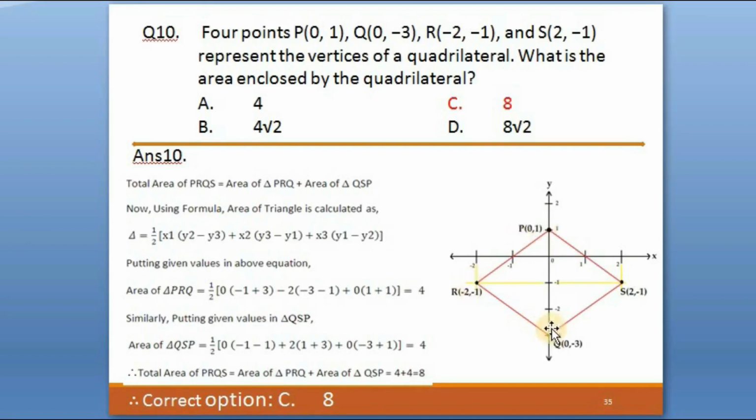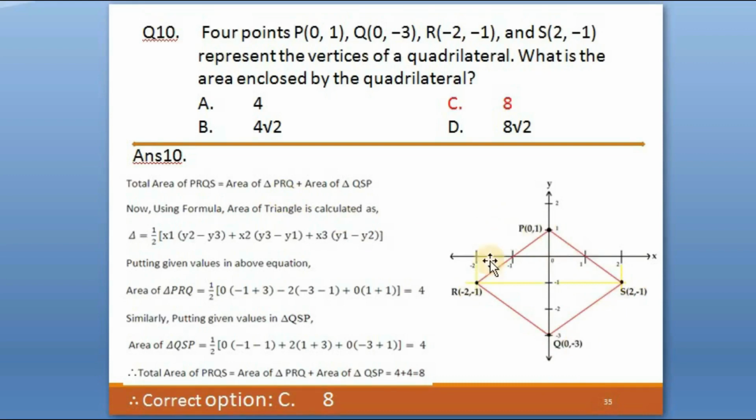So the area of PQRS can be the area of triangle PRQ and the area of triangle PQS, or QSP, right? These two triangles will make up the area of this quadrilateral.